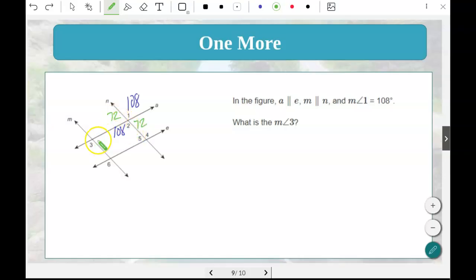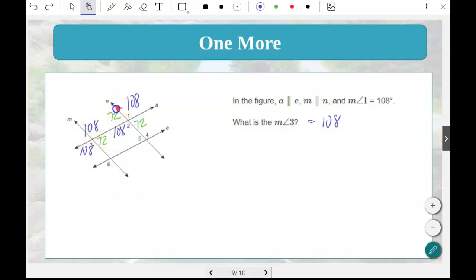And then you could do corresponding angles and the alternate interior angles. And this is 108, which makes this 108. But that's also because, remember, I'm going to say it one more time, these are parallel.